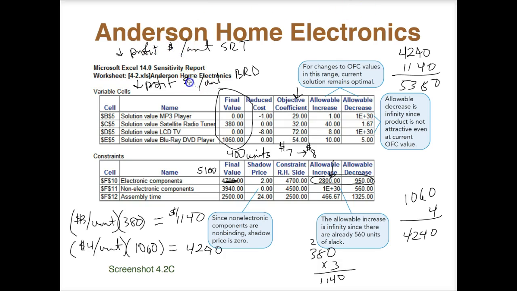So this should be 4 and this should be 3. That's going to change things, so I'm about to do it again. All right, so this should be 4 and this should be 3, which means these values here are going to change.